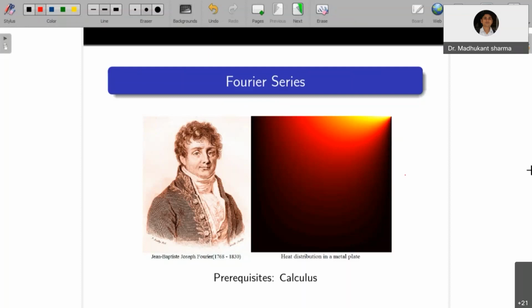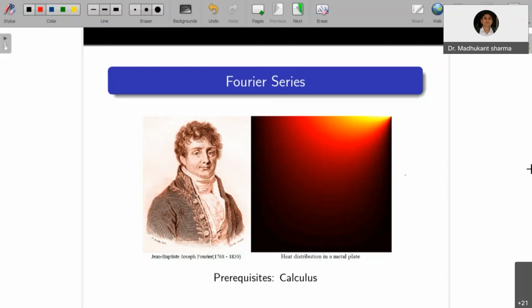So Fourier series is a concept which will represent a function which has some additional properties, like the function is periodic.